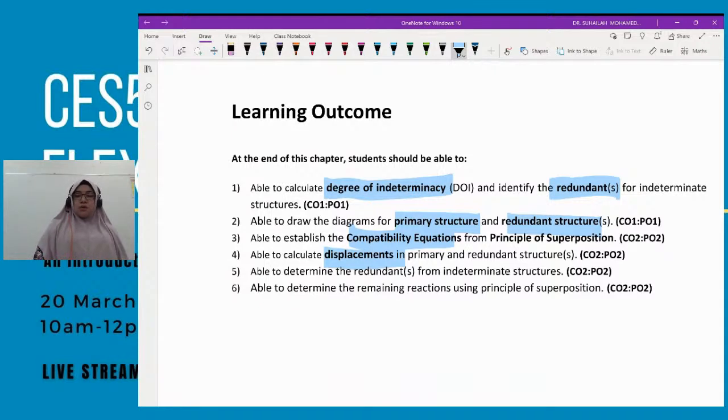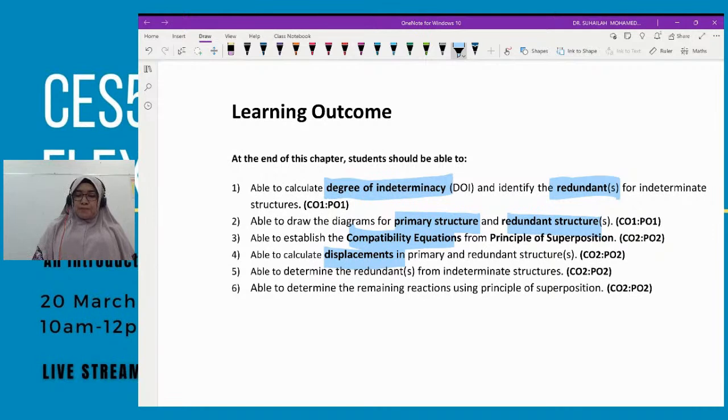After that, we calculate this displacement using the unit load method. We do not call it the unit load method because we adopt and adapt it into this topic, but basically the formula is the same, just the notation for M and N will be different.